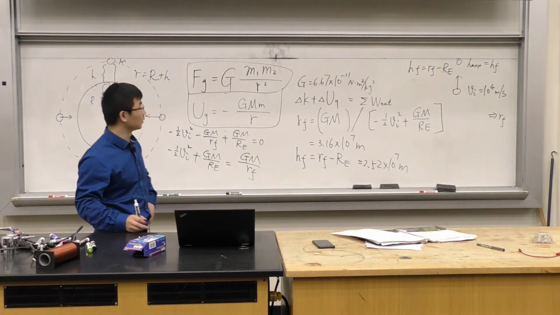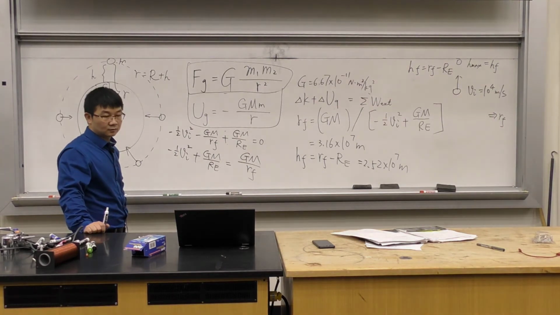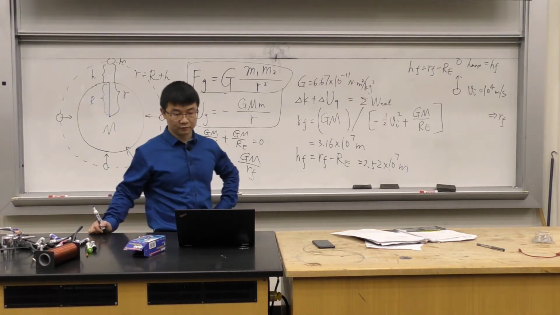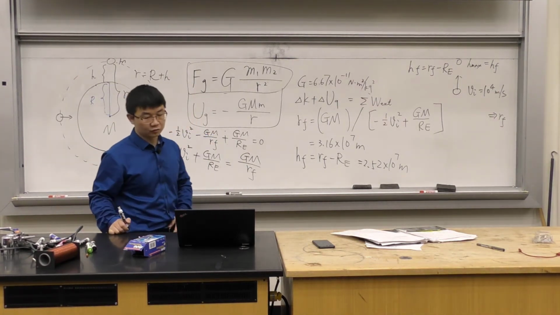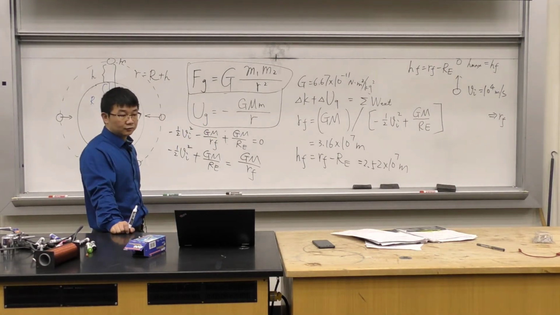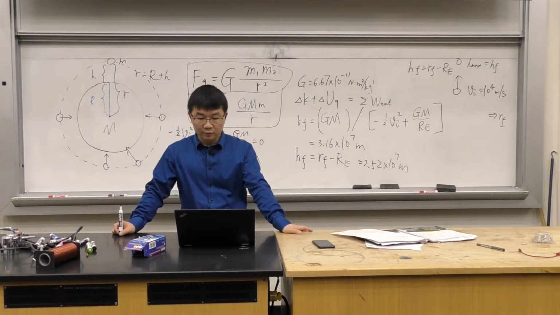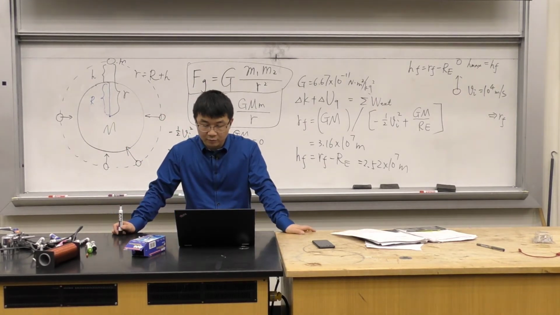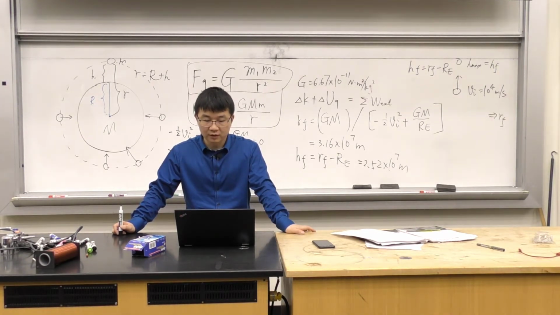Now we're going to take a look at another one, slide 5. We're going to practice this new term again, still energy method. A 470 kilogram communication satellite is in orbit 280 kilometers above the surface of the Earth. What is the total mechanical energy of the satellite?